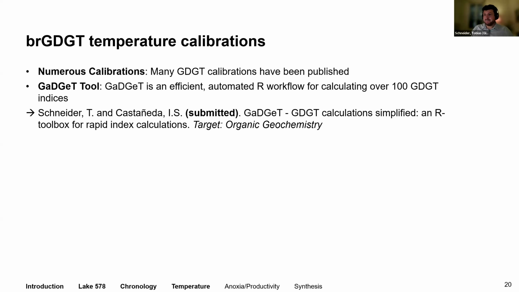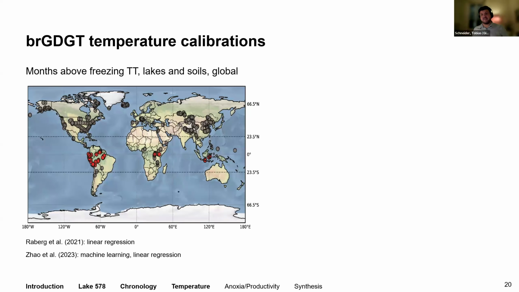software, etc. So coming back to Lake 578 and temperature reconstruction, we basically applied two different temperature reconstructions. One is global, incorporating a global data set, although I have to say global because we need to be careful: as we see, there are hardly any samples for the calibration set at the poles.